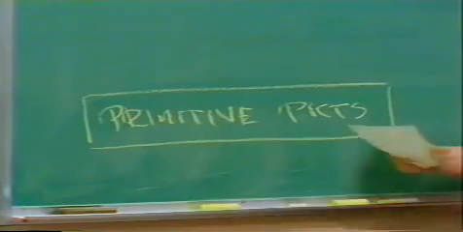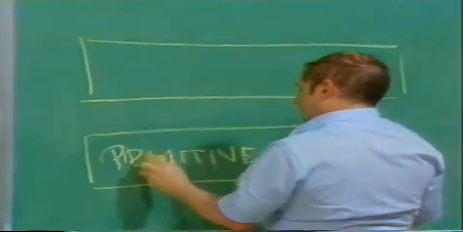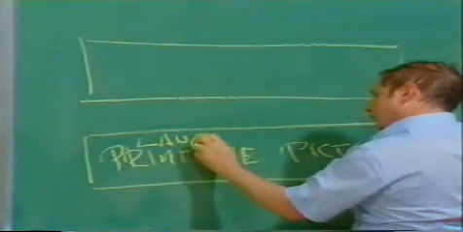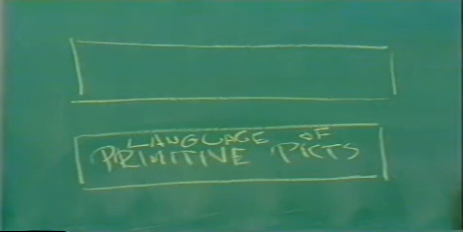And then on top of that, this is the language of primitive pictures, talking about line segments and particular pictures in the unit square.